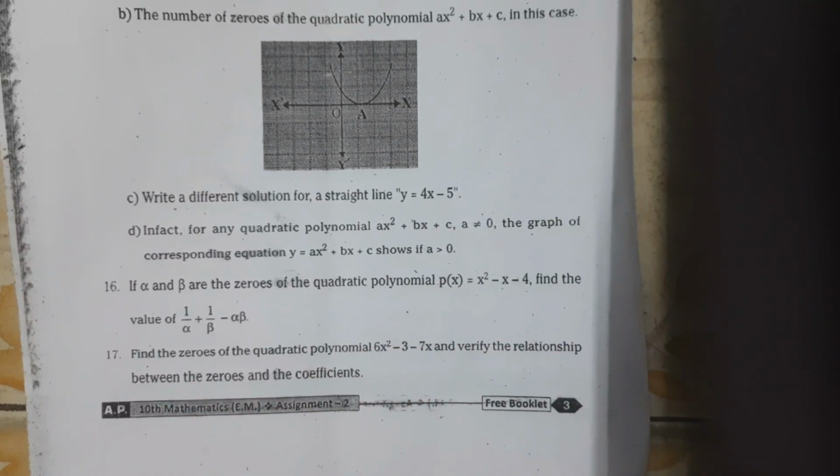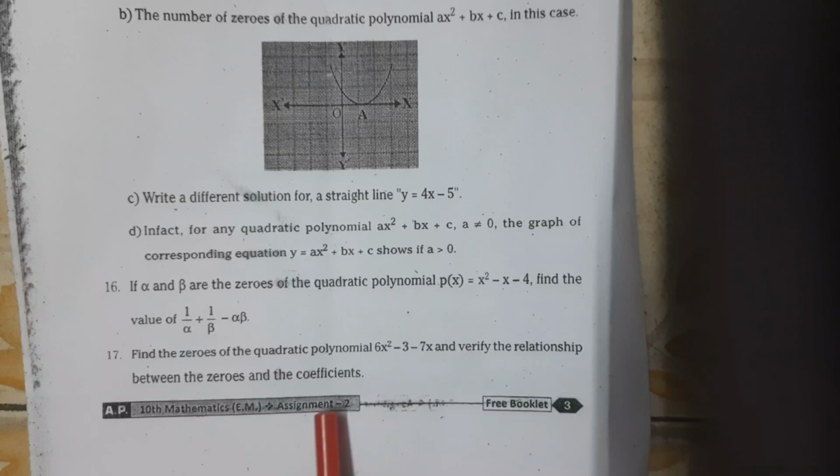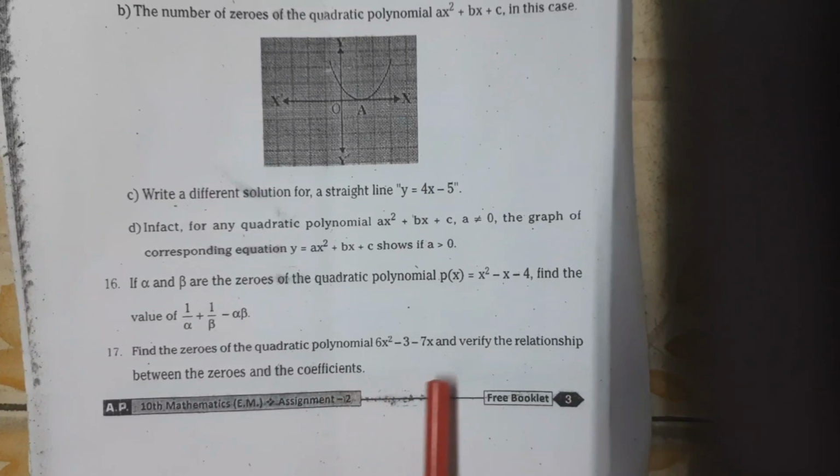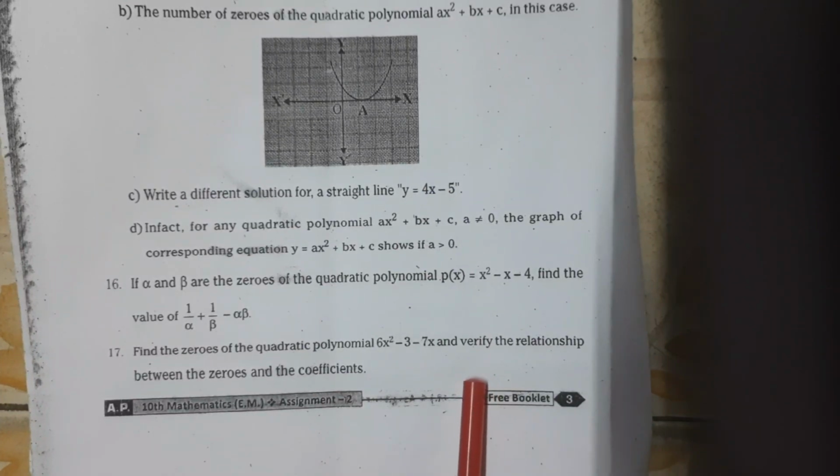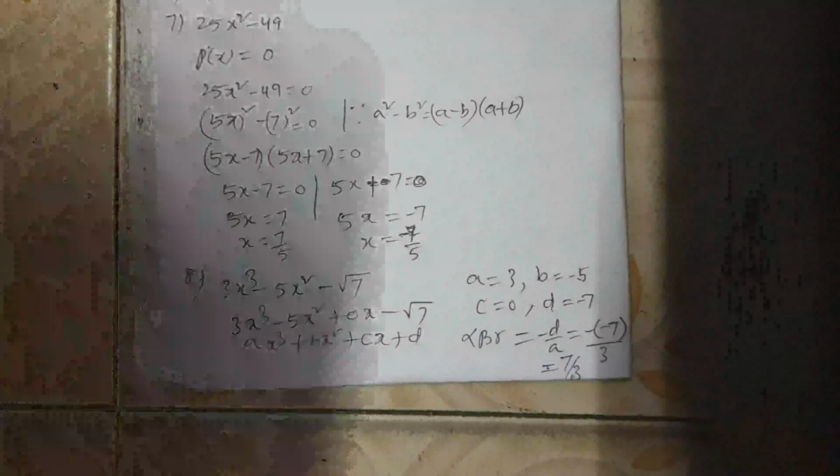And see, I said already, find the relationship between zeros and coefficients model. The 17th one is also present, like the 14th sum. Next, this is the 8 marks model.